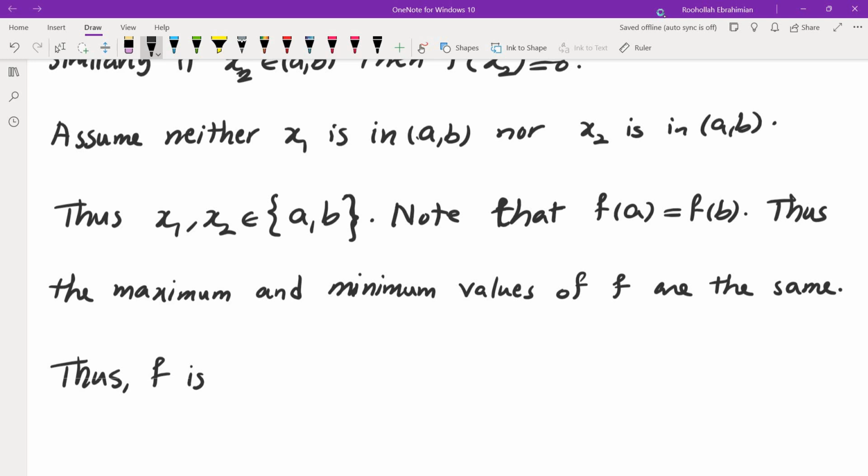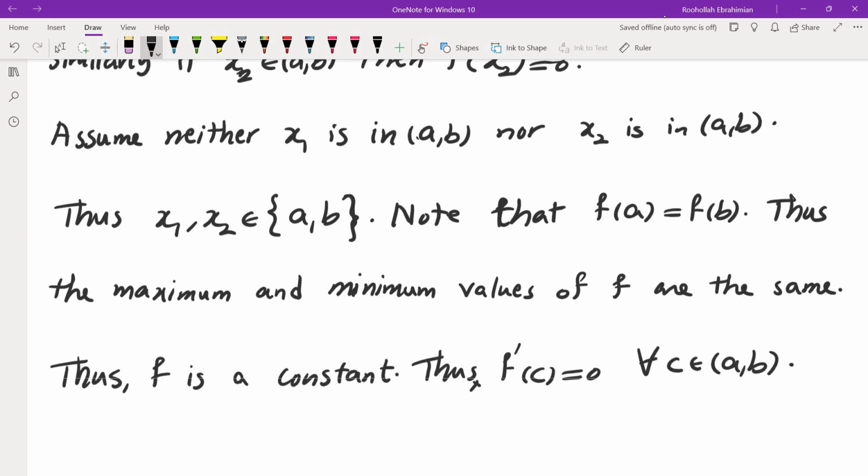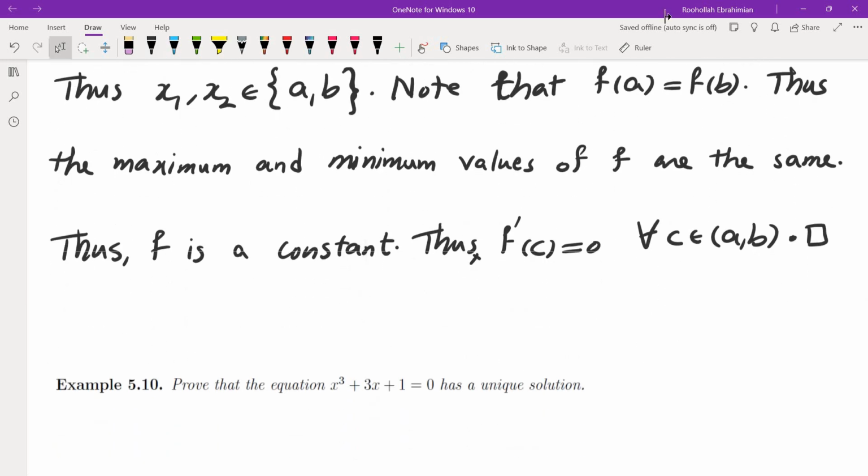Thus, f is a constant. So f is a constant function, and we know derivatives of constants are 0 by the power rule, I guess. Thus, f prime of c is 0 for every c inside the open interval. And this finishes up the proof.